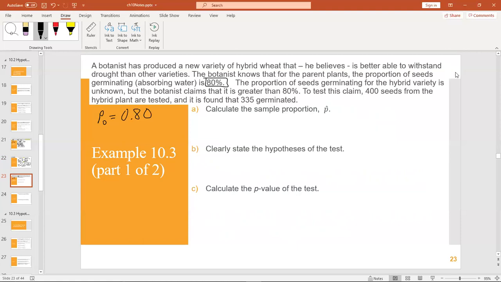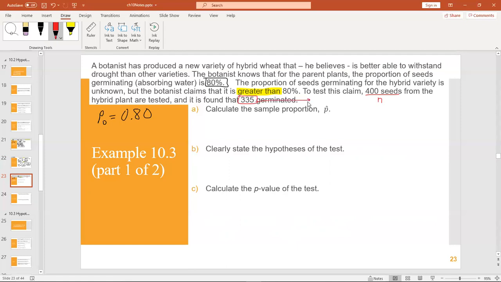The proportion germinating is unknown, but they claim it's greater than 80%. So emphasis on the greater than. To test this claim, you have 400 seeds. That's your N. 335 germinated.